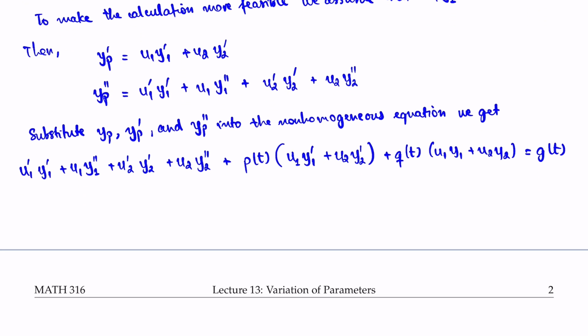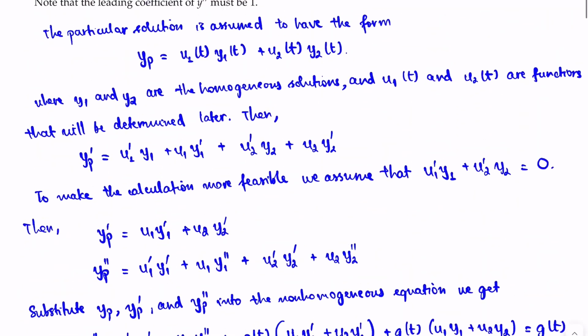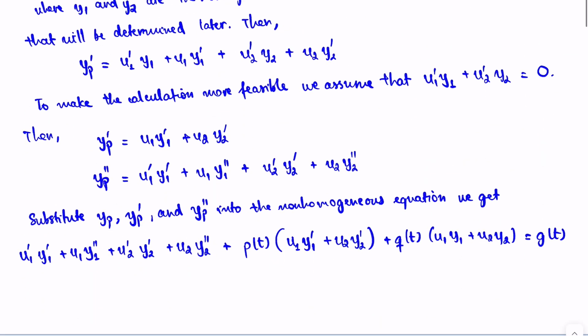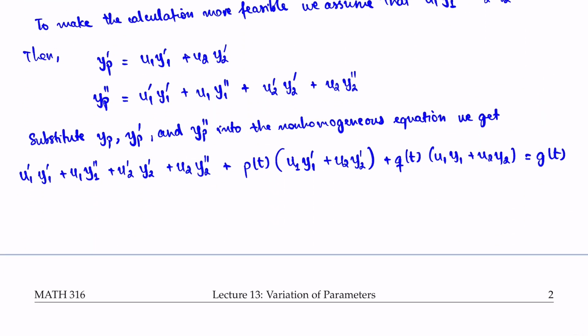The next step is to distribute p of t and q of t, and we're going to use the fact that because y1 and y2 are solutions of the homogeneous equation, when you substitute y1 and y2 into this equation, you get 0. So I distribute p of t and q of t.